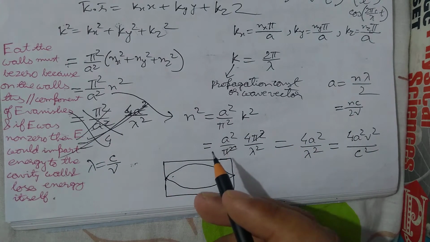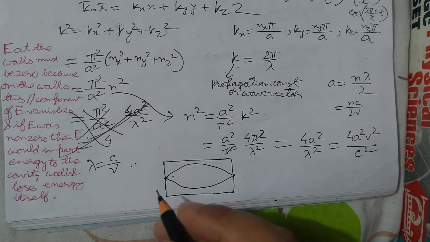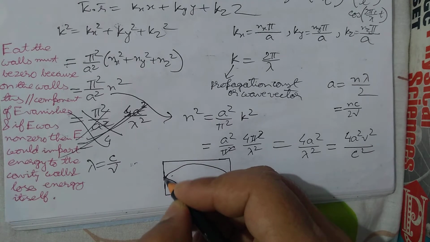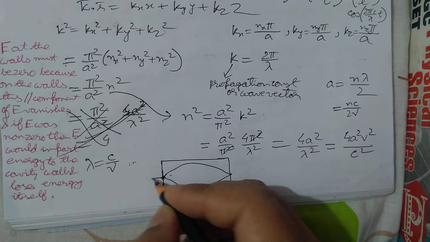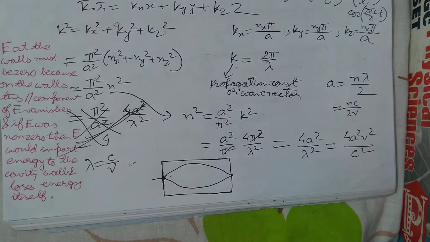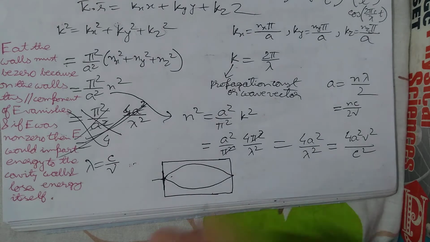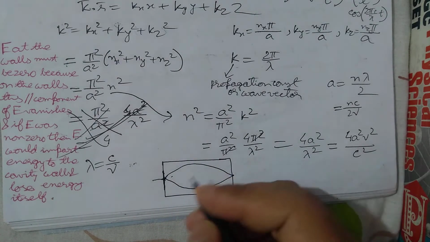First of all, here at the walls, at the ends, these are the boundary. At the boundary, the electric field has two components: a parallel component and a perpendicular component. The parallel component always vanishes. This is the condition of the electric field: the parallel component of the electric field always vanishes at the walls.